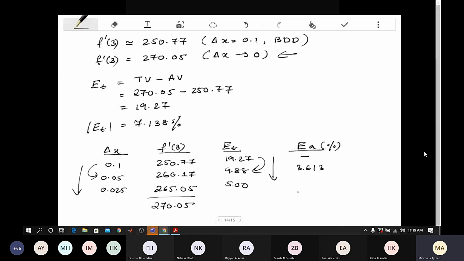What would be the EA for delta x equal to 0.025?